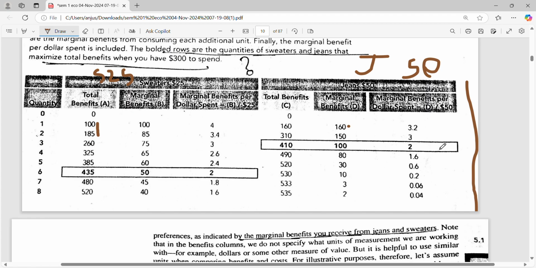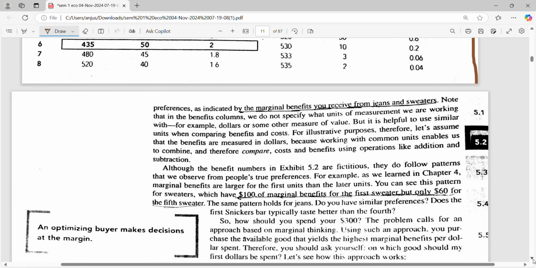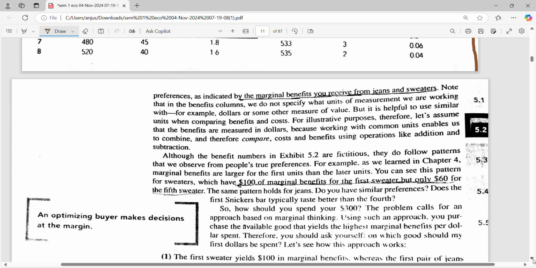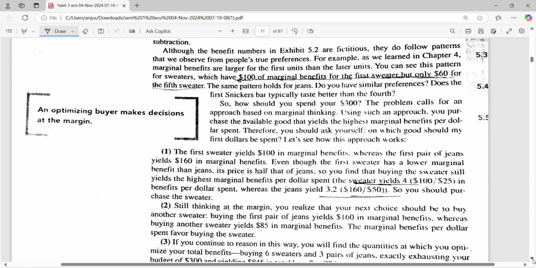I'll explain that. I'll just take the words of the textbook itself. All optimizing buyers make decisions at the margin.